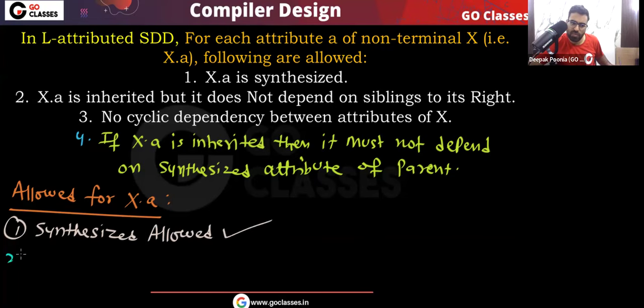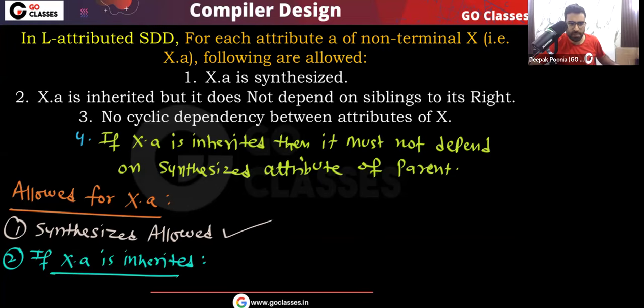Now if X.a is inherited, then what are the conditions? What should happen? Let me assume that you have this production.